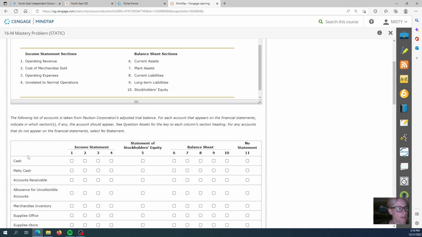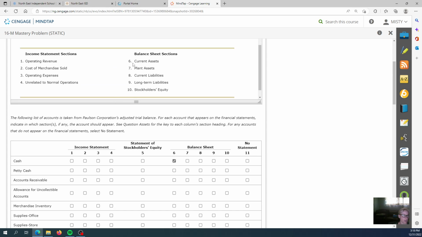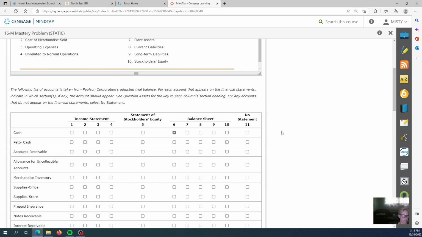Of course, we look at these. We have cash, petty cash, accounts receivable, allowance for uncollectible accounts. Each of these are on the balance sheet, right? And these are current assets. They are used within the year.